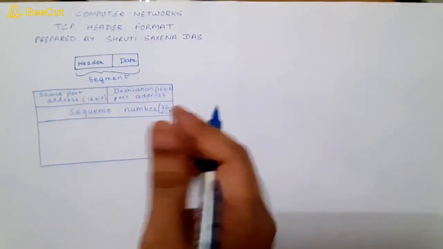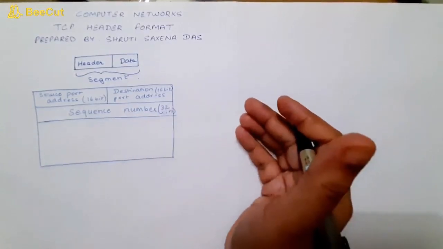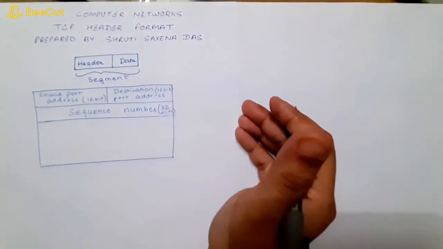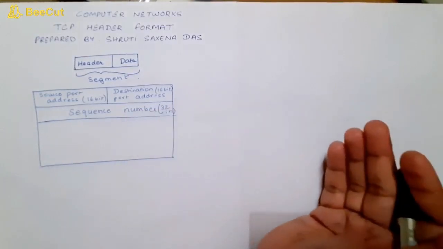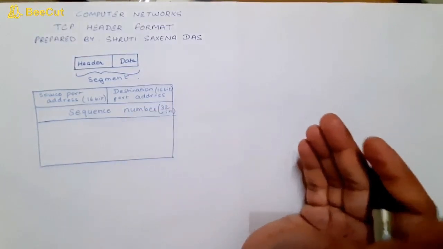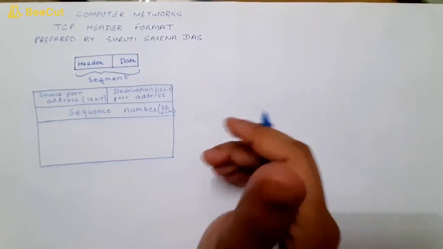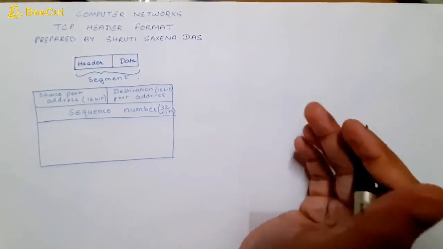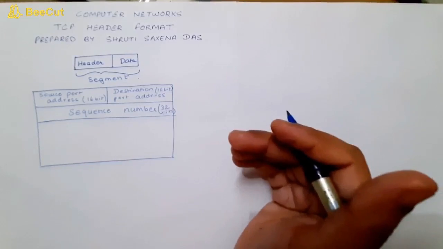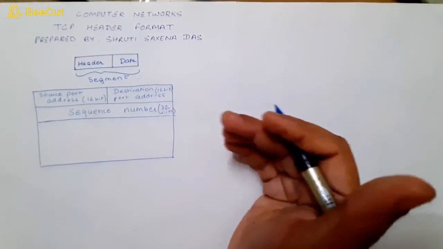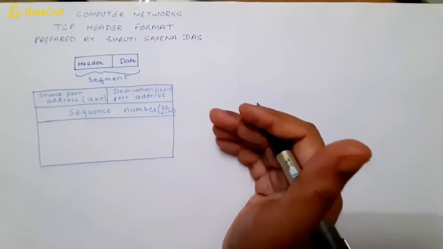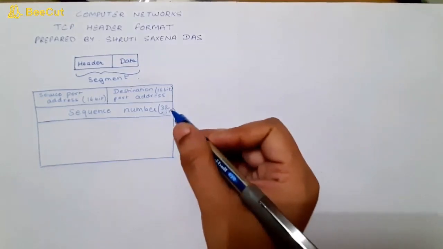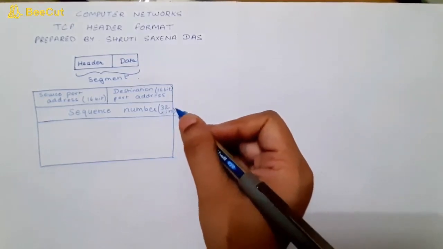Sequence number basically indicates how much data is sent during a TCP session. A stream of data which you receive from the above layer is divided into multiple segments, and each segment is given a sequence number. So this tells the position of data in the original stream.